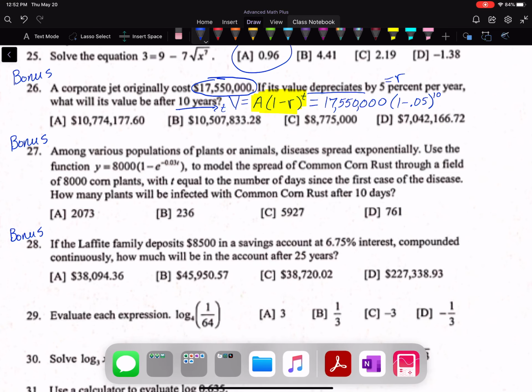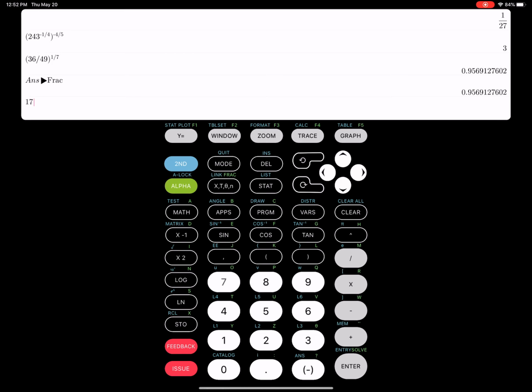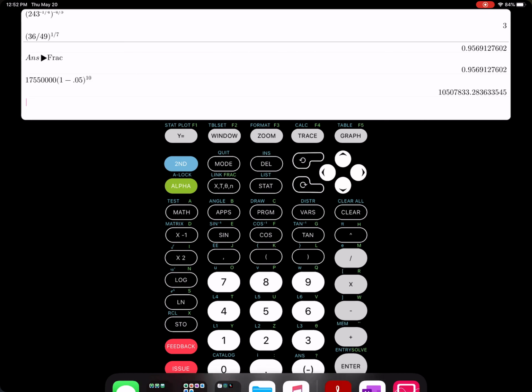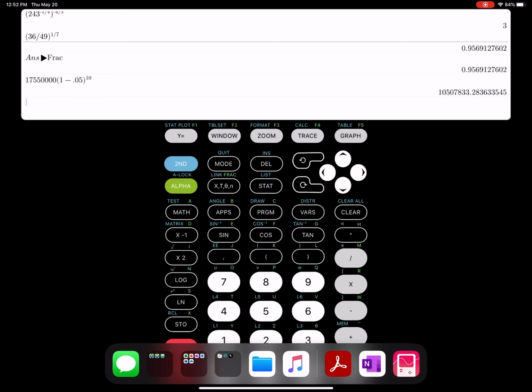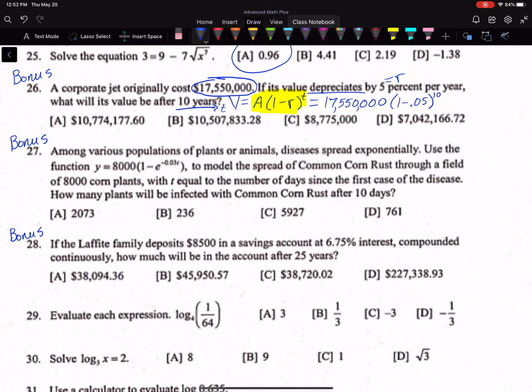So I'm going to use your 17,550,000 times 1 minus 0.05 to the 10th power. Enter. We get, what is that? 10,507,833. 10,530,000.